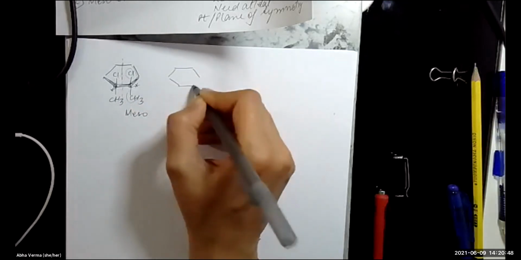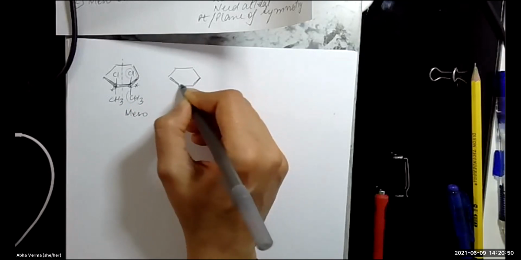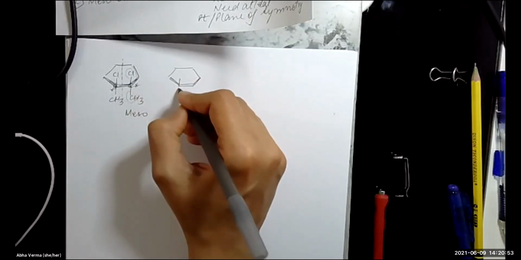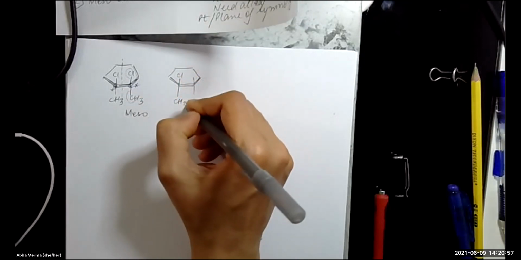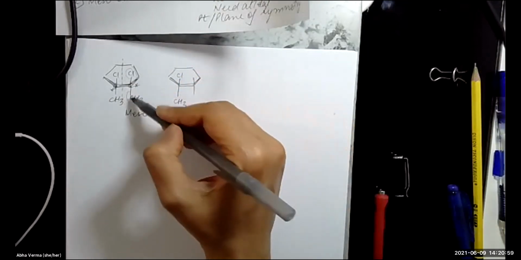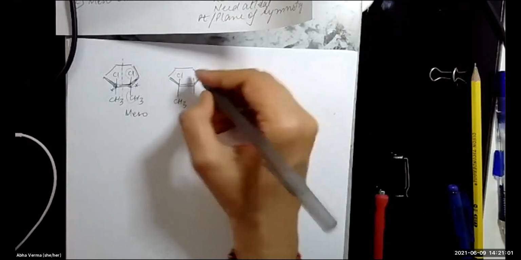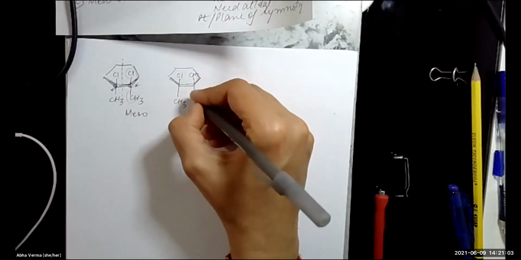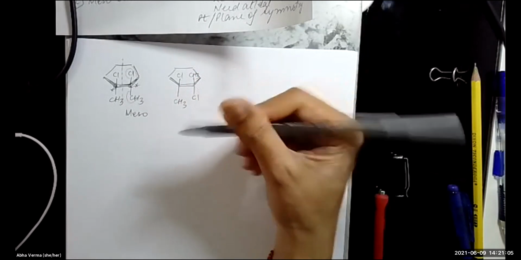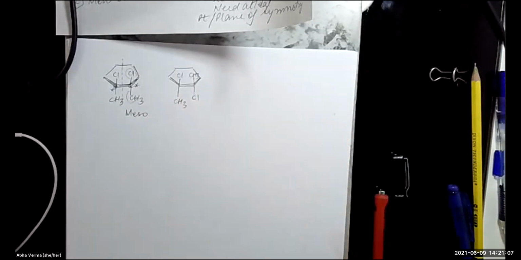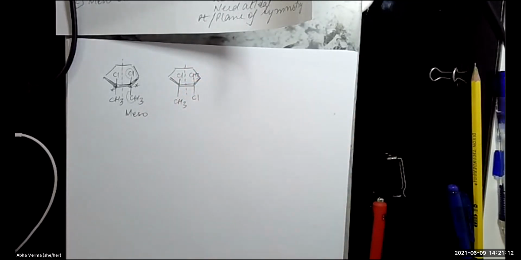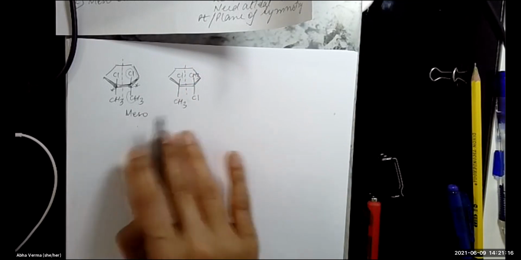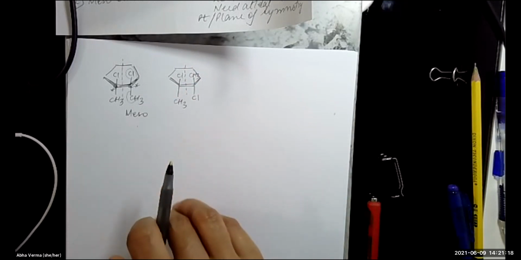On the other hand, if we similarly have the same groups, another stereoisomer of this molecule, chlorine and CH3 are where they are, but I switch one group, CH3 and Cl. Now, is there a plane of symmetry present? No, there is not. And so this structure will probably not be a meso structure.